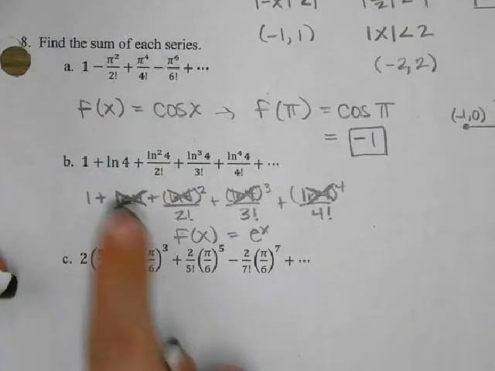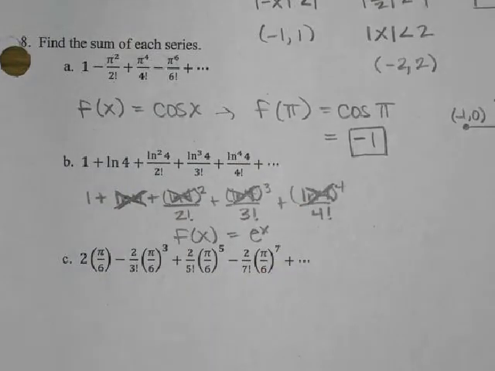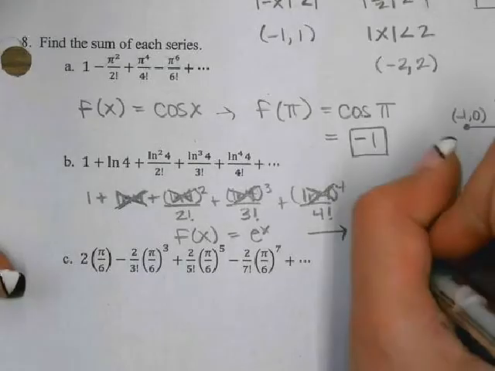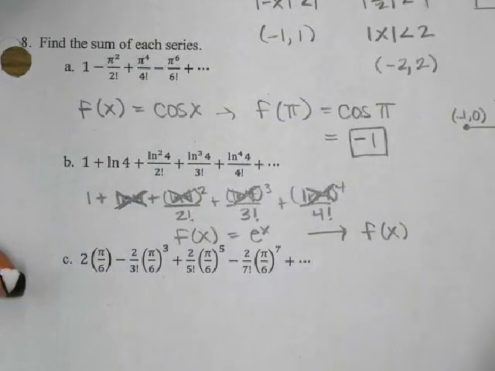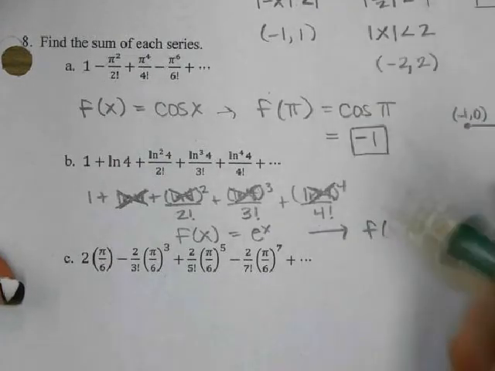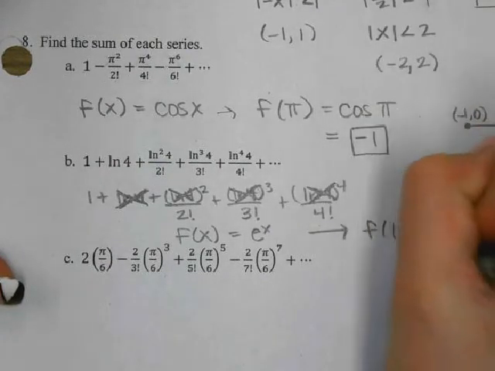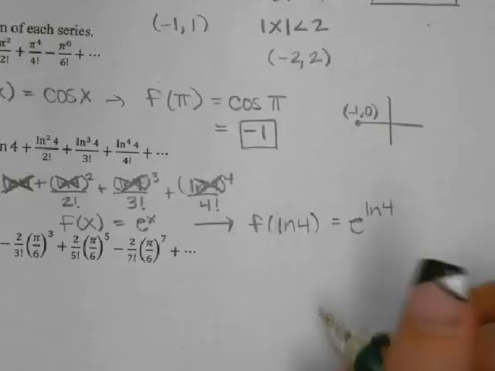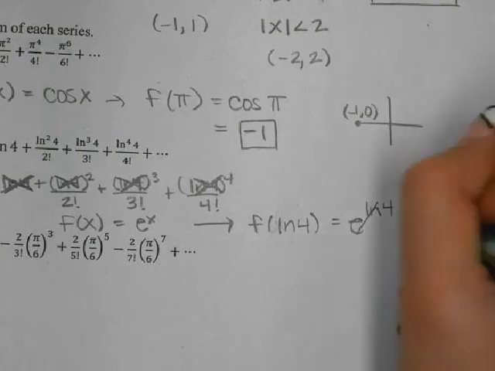This is the Maclaurin polynomial for e to the x. So that means if we want to find the sum, then we can just use the curve e to the x, and we are evaluating it at ln 4. So e to the ln 4. Now e's and ln's cancel each other out, and so this is just 4.